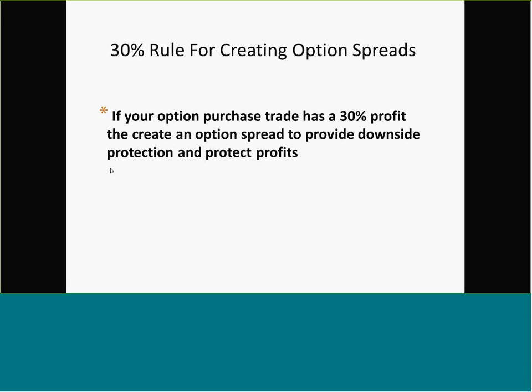So if we have a 30% profit, then we want to create an option spread to provide downside protection for that profit and to allow us to stay in the trade and be profitable in many cases, even if that underlying stock goes down, and I'll show you examples of that.